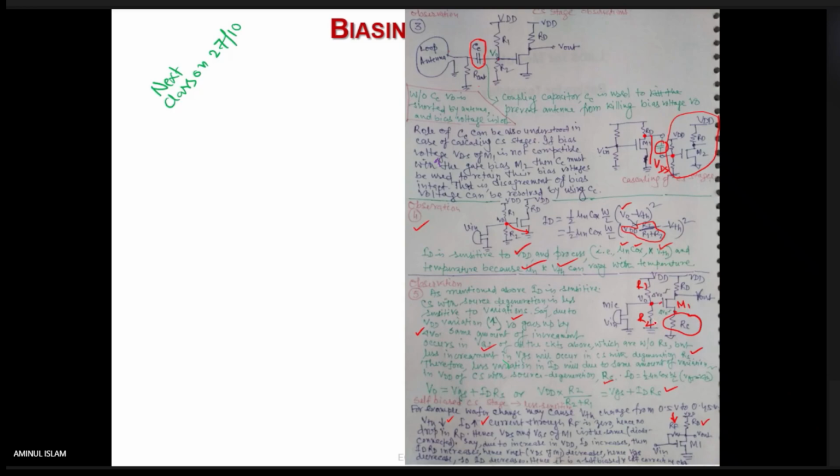If VGS is reduced, you can think from this equation that current is going to reduce. So the very cause of current increase is getting reduced, or you can say mitigated to some extent. So use of RS at the source of the amplifying transistor M1 is useful, or you can say it is going to give a more robust or stable circuit.